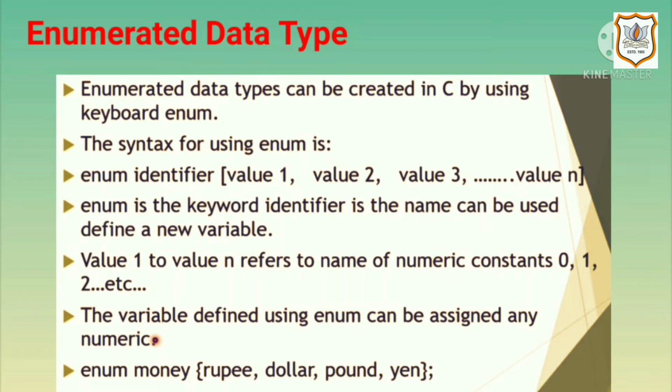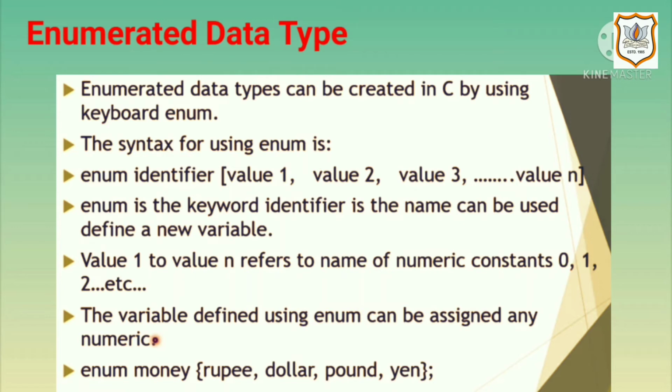An example of enum is enum money in curly brackets rupee, dollar, pound, yen and semicolon. Enum money currency semicolon, currency equal to dollar semicolon. The first statement defines the enumerated data type money.